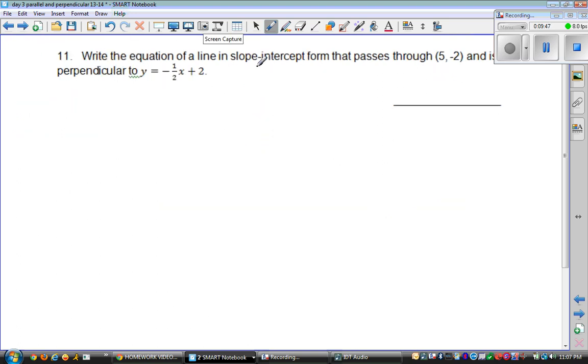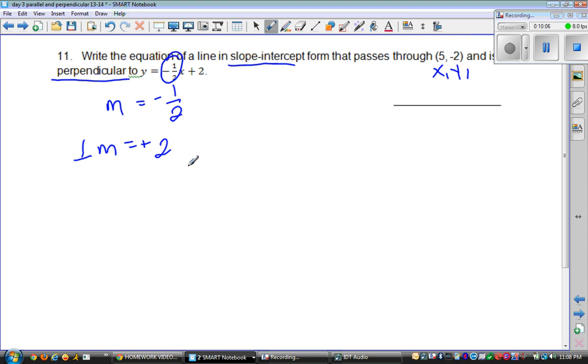All right, we're going to do it again. We're going to write slope-intercept form. We're going to go through this point, x1, y1, and this time we want it to be perpendicular. But they were nice to us this time and they gave us the slope, so the slope is negative 1/2. But I need the perpendicular slope, so I flip it and change the sign. So now I'm going to use this as my slope, and this is my point.